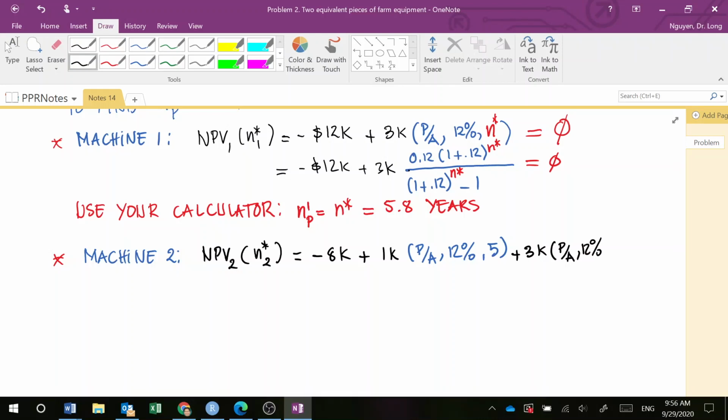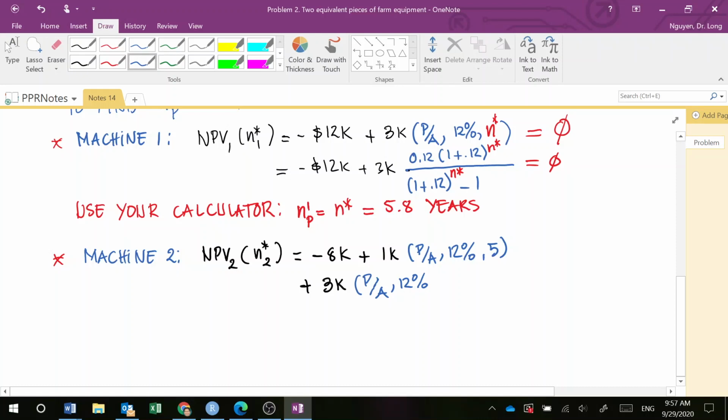Let's go down to here so that we have space to work with. We add 3,000, P over A, 12%.